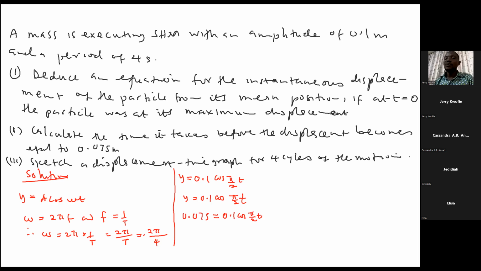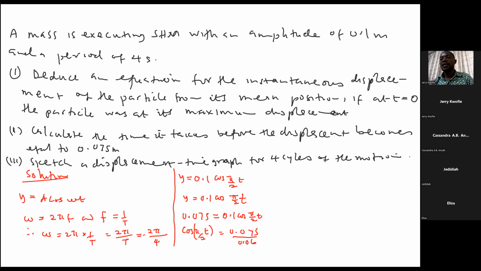We now have a duty to solve the trigonometric equation there. How do we do it? We're going to write cos of pi over 2 times t, let me put that in the bracket, equal to 0.075 over 0.06.